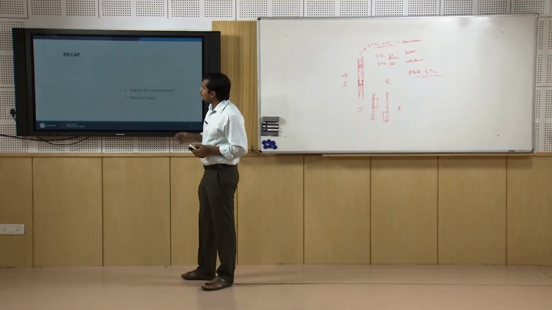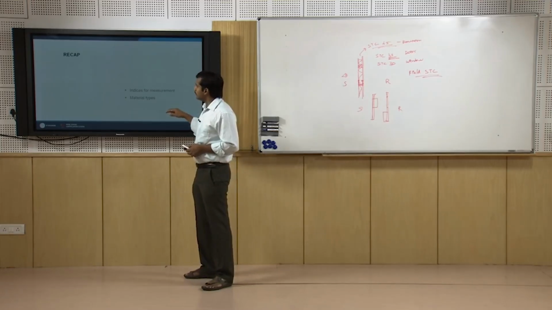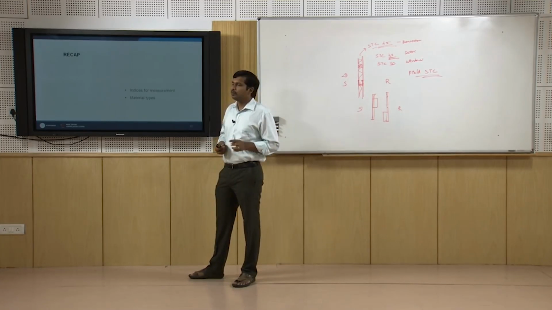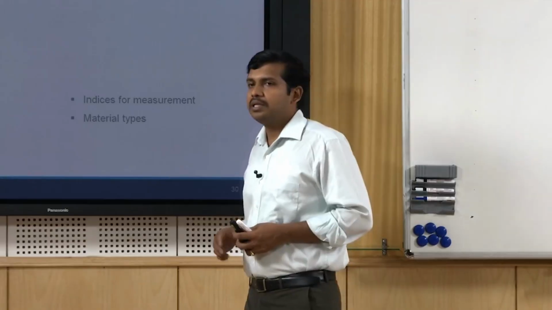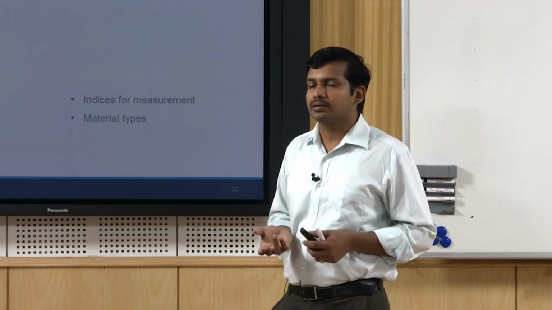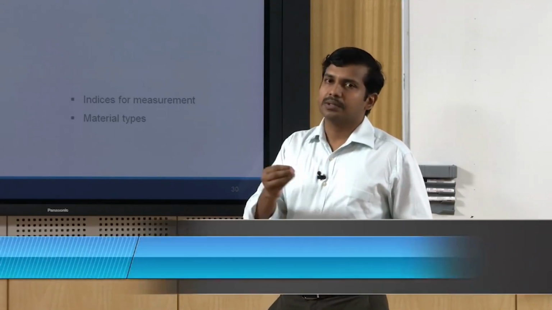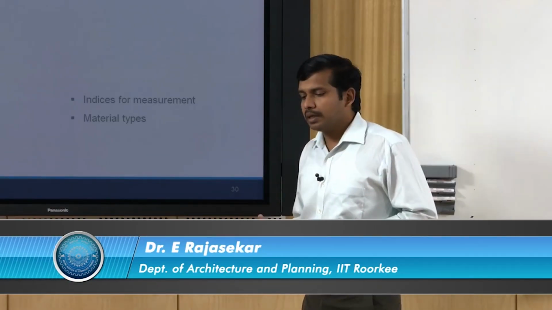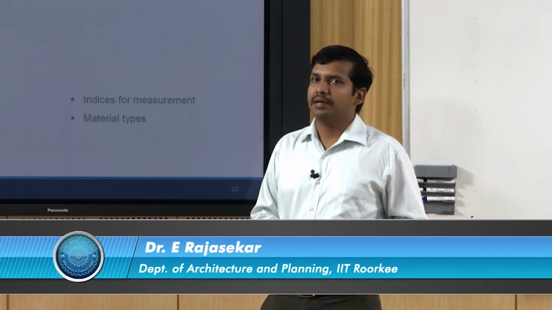Closing this section, so far we looked at different indices of measurement. We looked at 2 key things. One is acoustic absorption, where we started with reverberation time and talked about noise reduction coefficient and specific absorption at different frequencies, and how it is important. We also looked at different types of materials: porous absorbers, panel absorbers and cavity resonators.